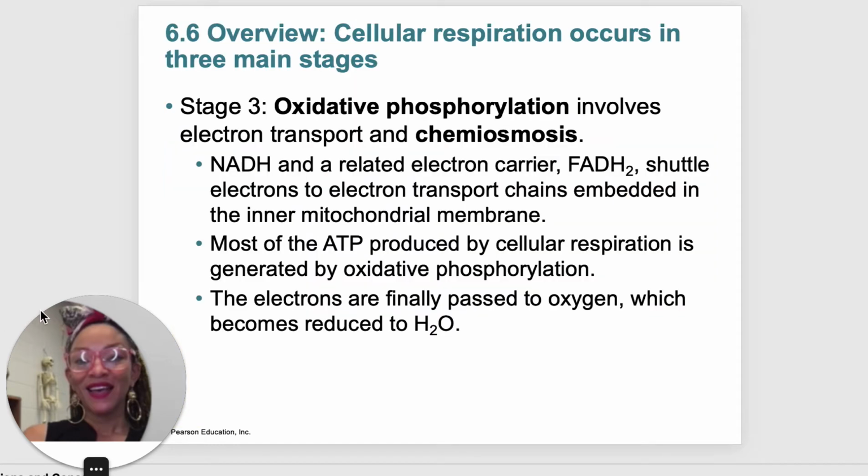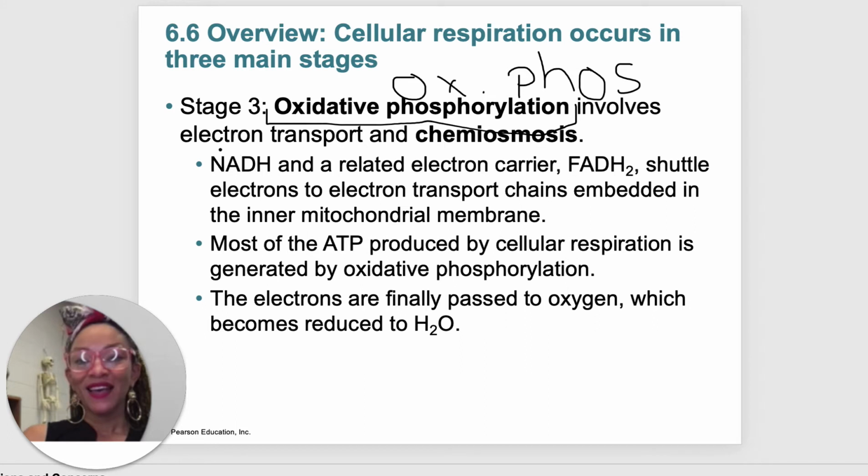Okay, so this is our stage 3, that very last stage of cellular respiration. So oxidative phosphorylation, sometimes abbreviated as just OXPHOS, because of course that is a lot easier to say. It involves electron transport, so the electron transport chain, and chemiosmosis.